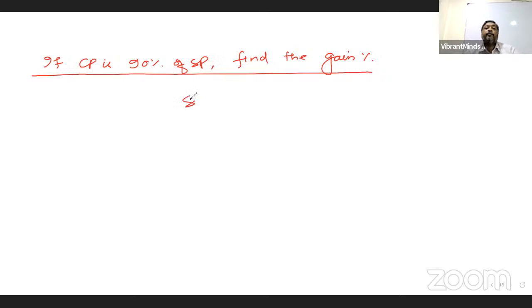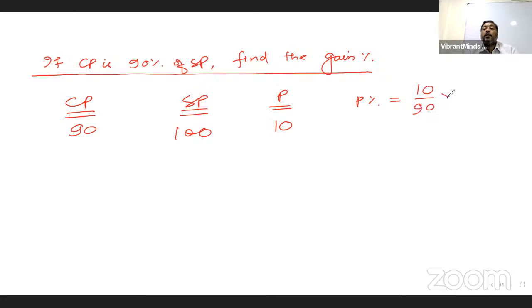Let's say your selling price is how much? Your selling price is 100. So what will be your cost price? Cost price will be 90% of this, means 90. What will be the profit? The profit will be 10. So what is the profit percent? It is 10 by 90 into 100. Or can I say it is 100 by 9? 100 by 9 means what? 11.11%.